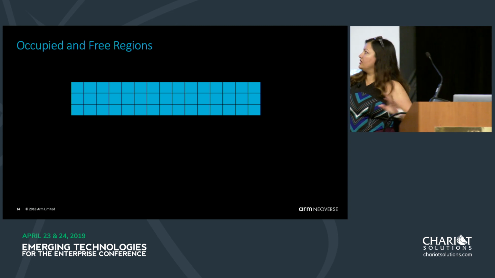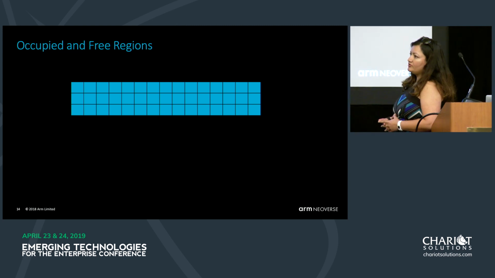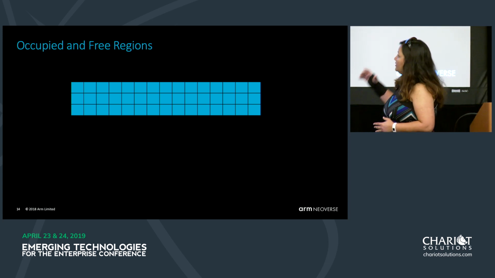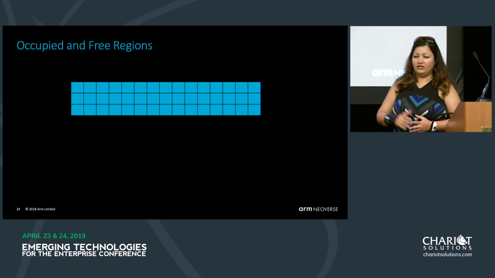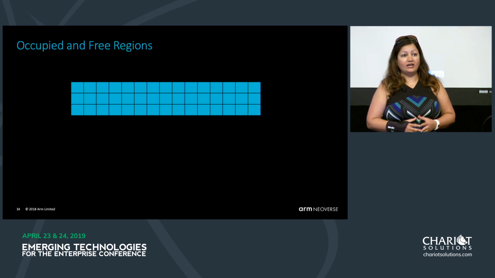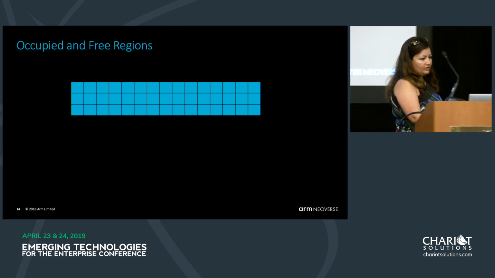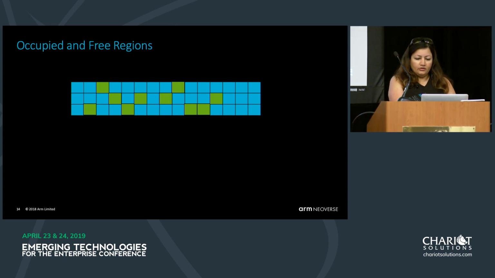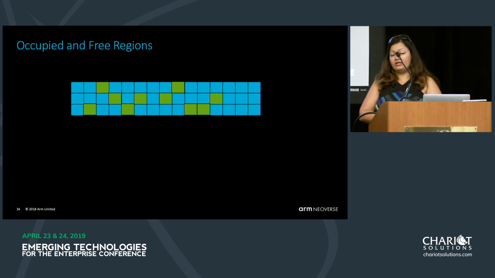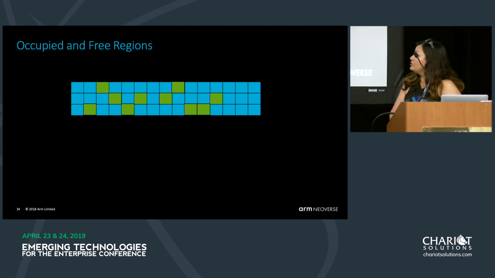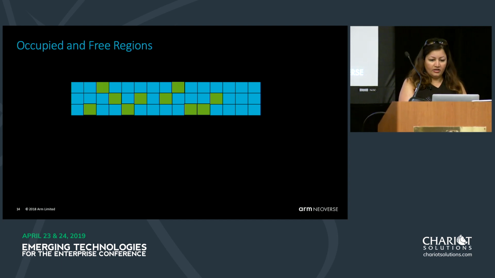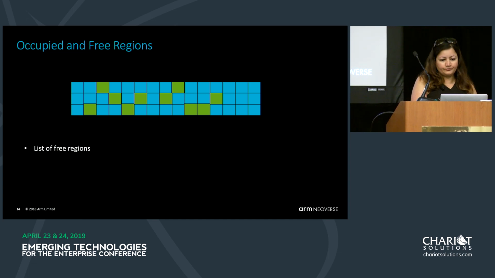When I show you this nice layout, it seems contiguous, which it is, the virtual heap is contiguous, but the regions, and the occupied regions for example, do not have to be contiguous. So in real life, it could be something like this. Basically, all these are just regions, and some of them are occupied and some of them are not. The free regions are maintained in a list, called a list of free regions.